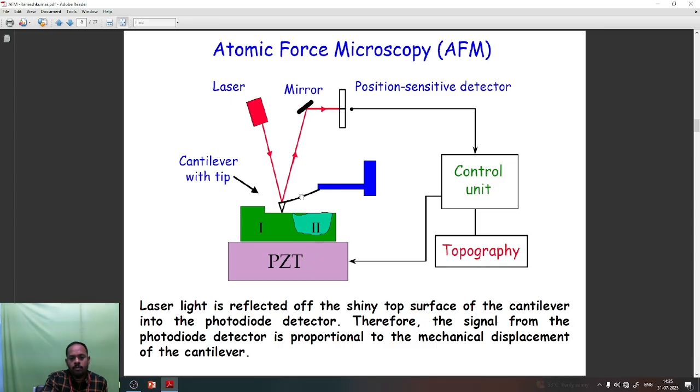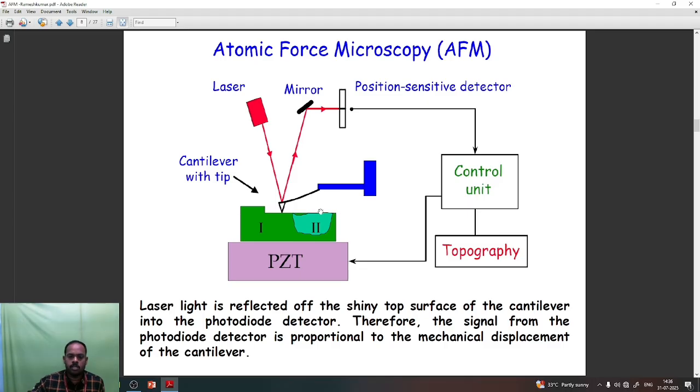This is a cantilever tip. Once again, I repeat. When we pass the laser light on the top of the cantilever tip, there will be a deflection in the laser beam after hitting the cantilever tip, because the cantilever tip is rastered over the sample surface.